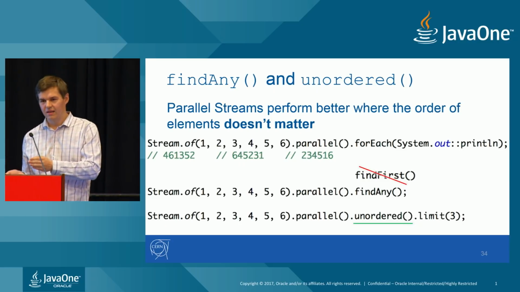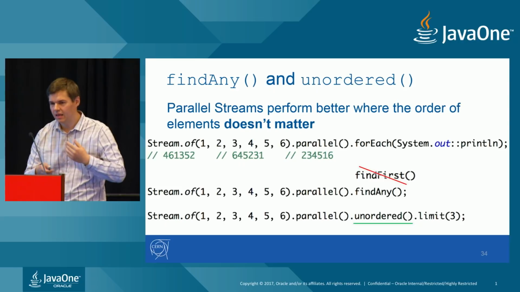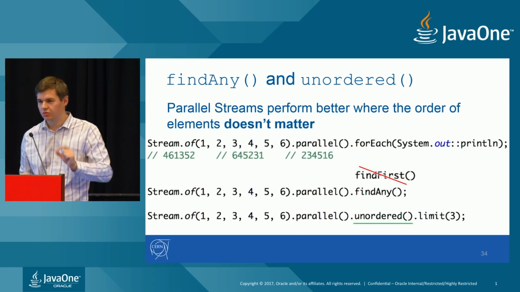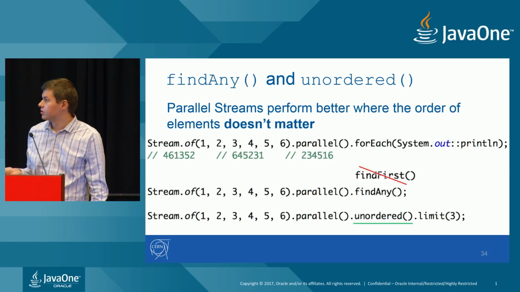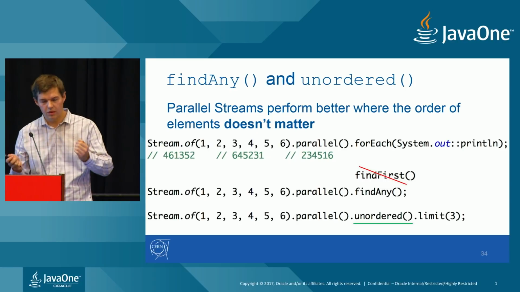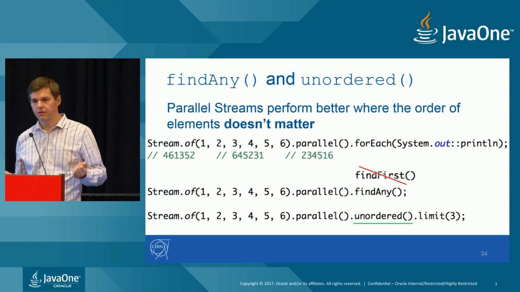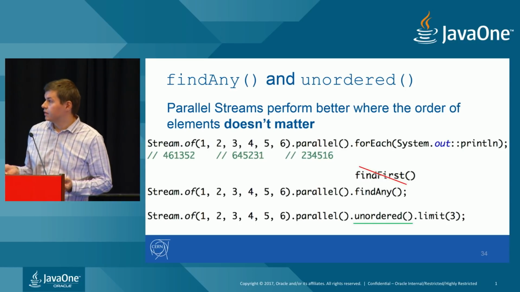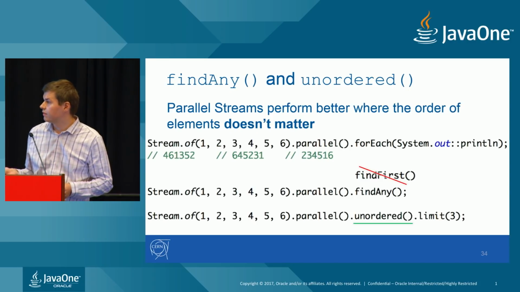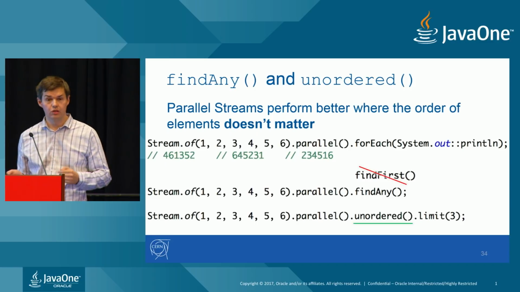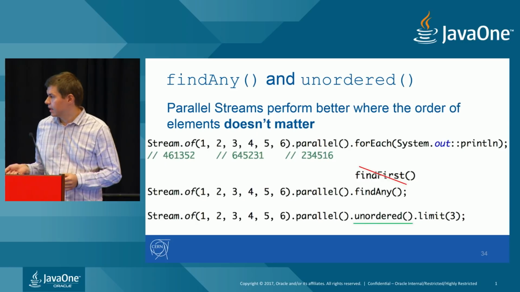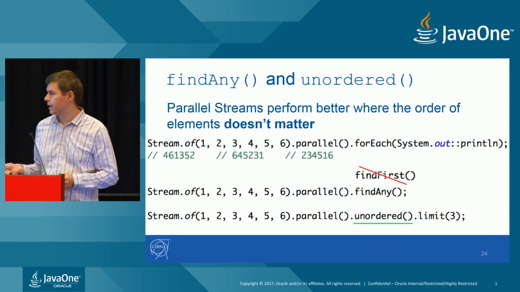If I tell it, give me the first one, it must do some effort to find out what your first element actually was. So if you don't really care which one it is, prefer findAny, because findFirst would always be 1, but findAny could be 4, 6, 2. If you don't care about it, go for it. It will be faster.